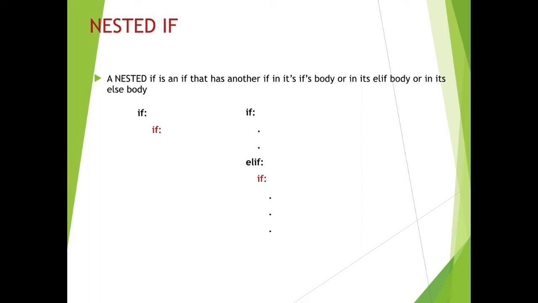Because one statement or block is contained within another block. Similarly, going by the third part of this definition, if within else we have another if statement, then also we say that it is nested if. So summarizing this, if within one if statement, or within an elif statement, or within an else statement, we have another if block, then it is said to be nested if.